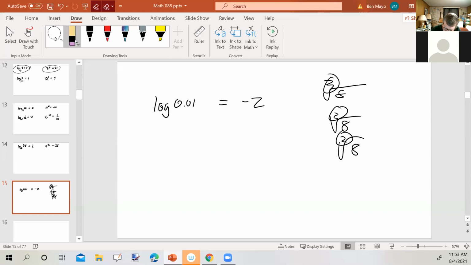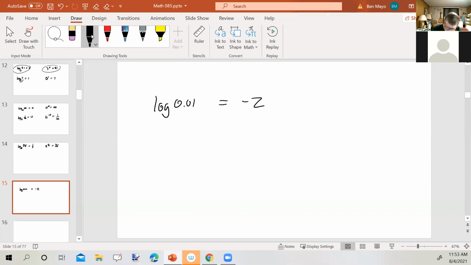Okay, now, log base 10, which is also known as common log, is used so frequently that math people decided we're just going to write log with no base, and everybody has to know and understand that that means log base 10. Okay, so log is the same as log base 10. In fact, if you look on your scientific calculator, you will see that there is a button that says log.